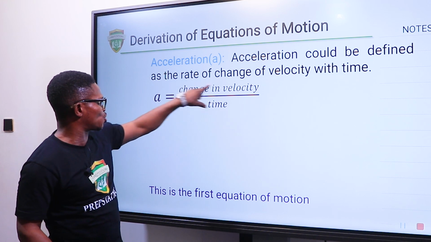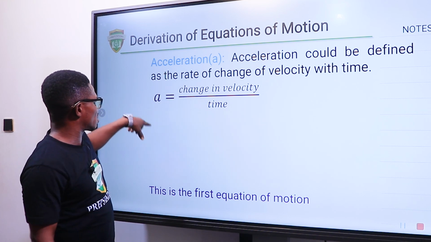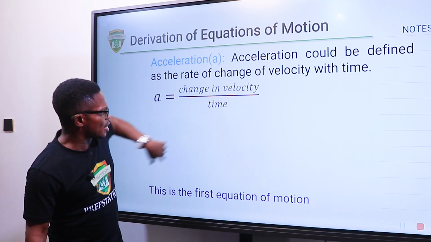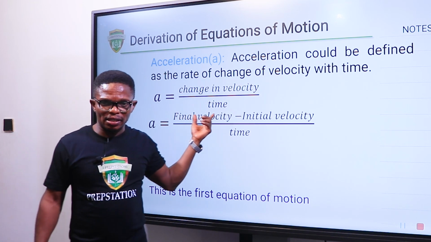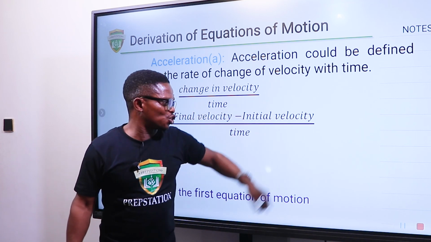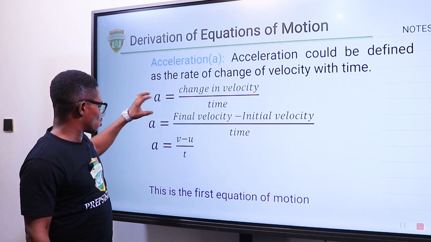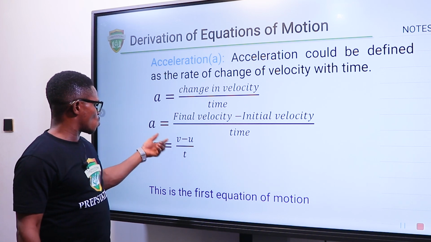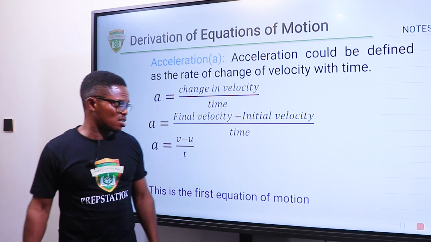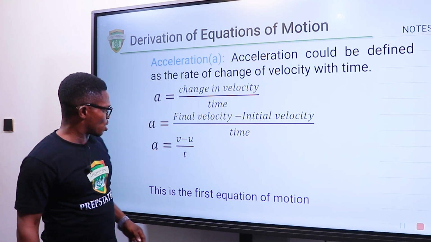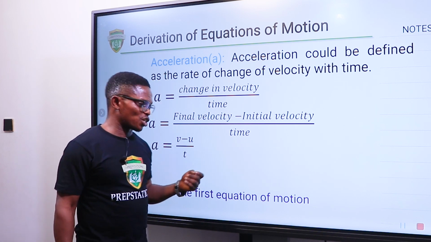So this is the mathematical expression for acceleration. A equals the change in velocity over time. When there is a final velocity and initial velocity, we definitely know that there is acceleration. So mathematically, acceleration equals (V minus U) over T, where V is called the final velocity, as in the WAEC curriculum, and U is called the initial velocity.